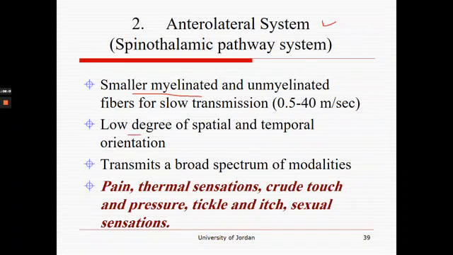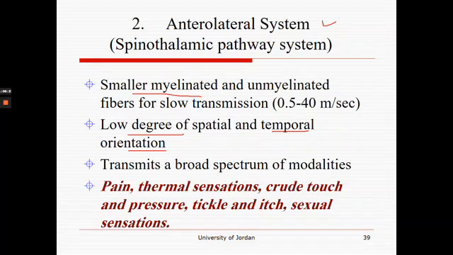They have a low degree of spatial and temporal fidelity and orientation. Why? Because they are slow conducting fibers. So the degree of fidelity or orientation is very low, and there is a lot of divergence.